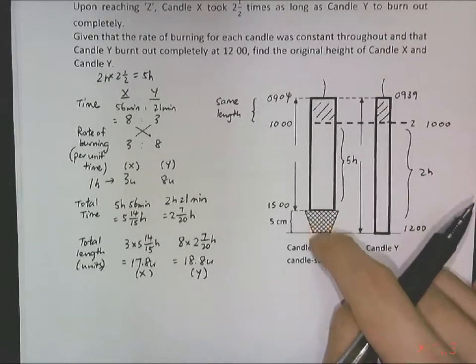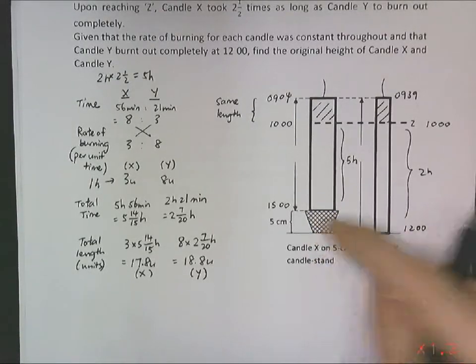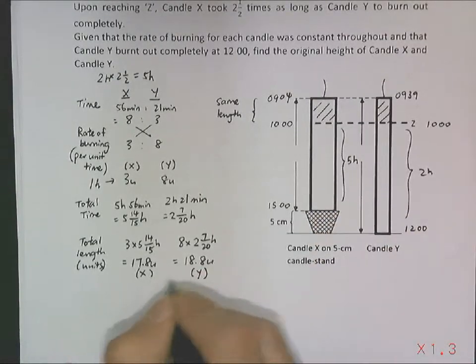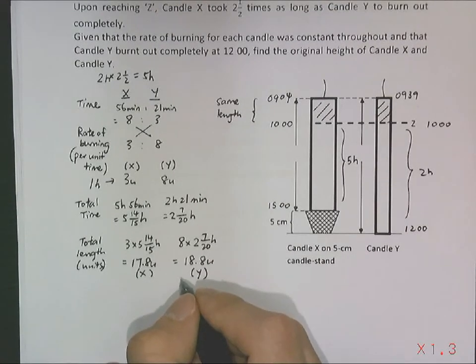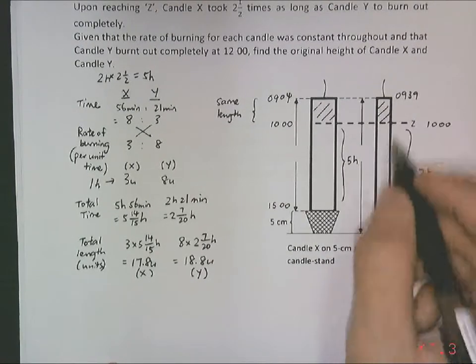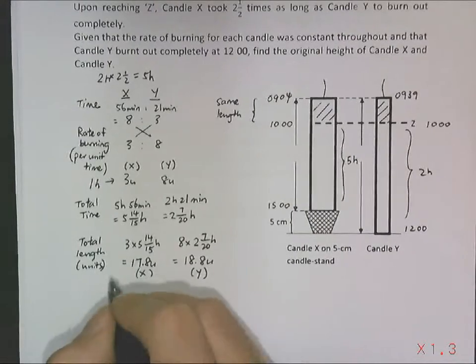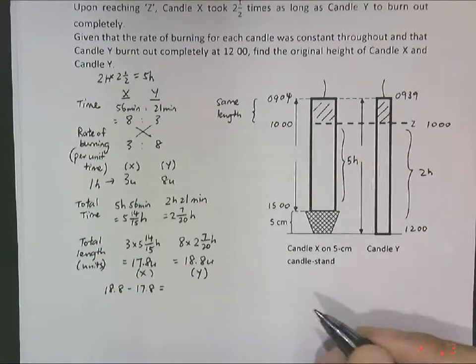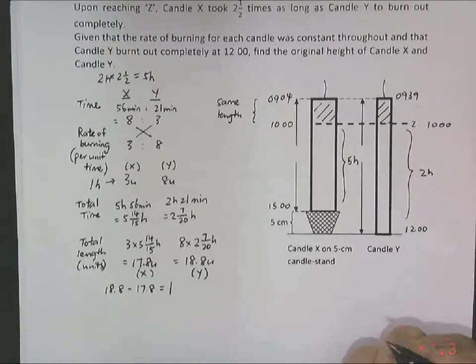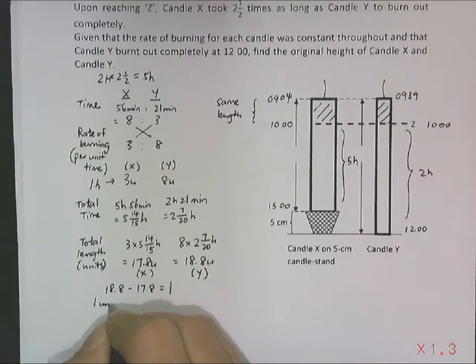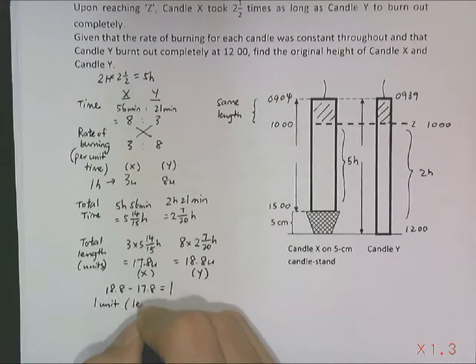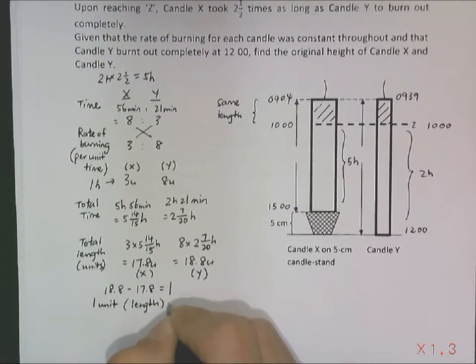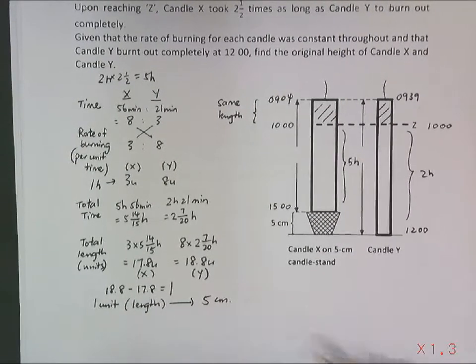The 5 cm difference that we see here must be the difference between these two. Check that candle Y is really longer than candle X. 18.8 minus 17.8 gives us exactly 1 unit. So the 1 unit in the length of the candle is represented by the 5 cm difference.